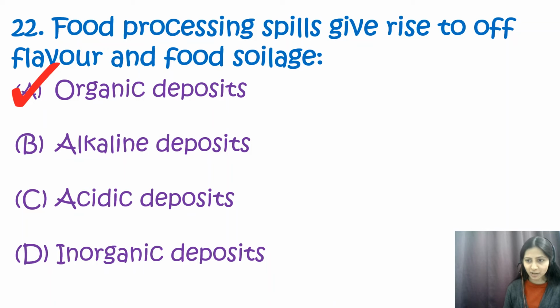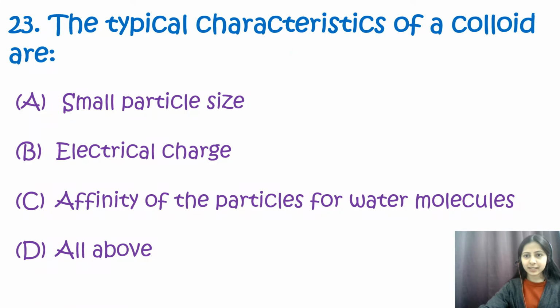Question number 23. The typical characteristics of a colloid are: A, small particle size; B, electrical charge; C, affinity to water molecules; and D, all of the options. The correct option will be all of the options. Colloidal particles may carry electrical charges, either positive or negative, and may have affinity to water molecules due to the presence of polar or charged groups on their surfaces.